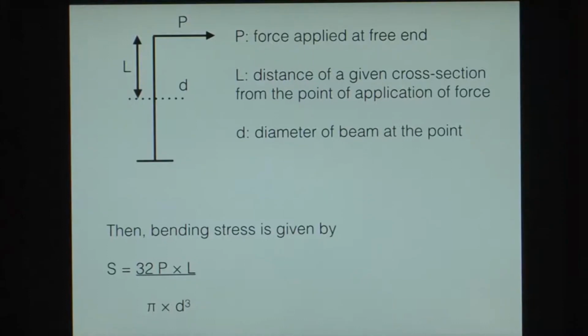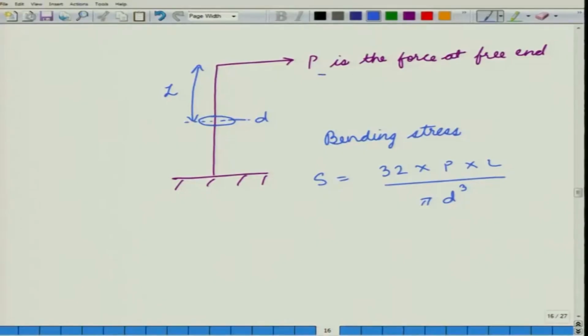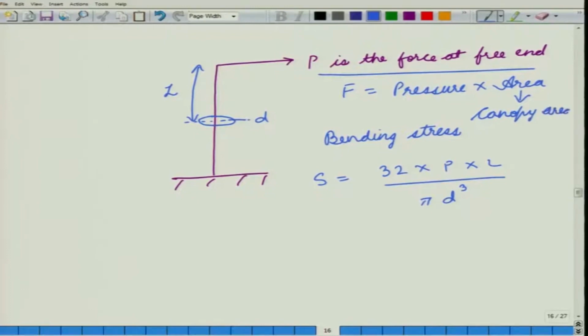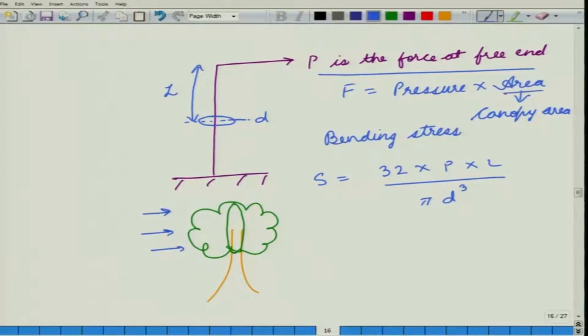Now, P is the force at the free end. So, force is equal to pressure into area. Now, here the area is the area of the canopy. So, for instance, if we had this tree, then the area of this cross section that is facing the wind forces is this area.